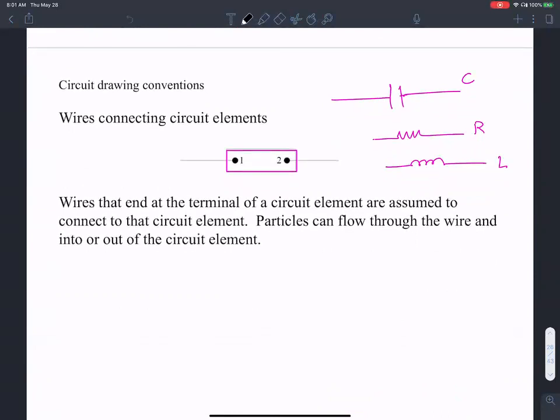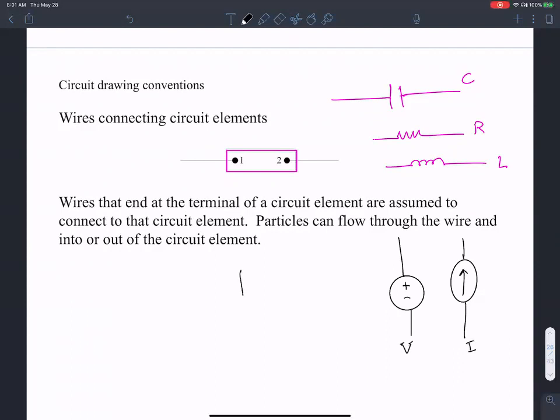Then we looked at the basic circuit elements: capacitance, resistance, inductance. In addition, I mentioned there are independent voltage and current sources. This is a voltage source, this is a current source.